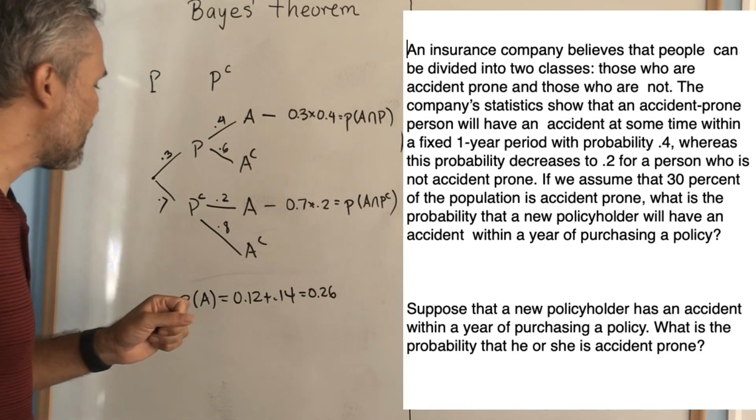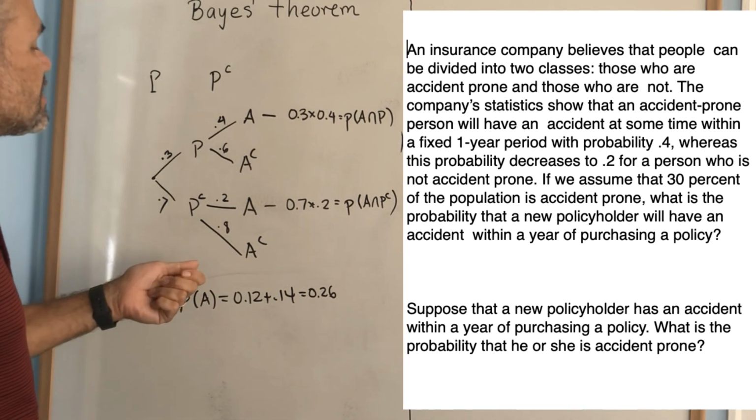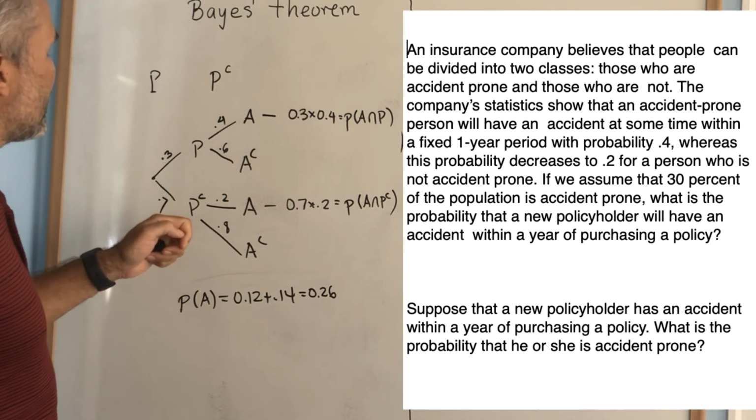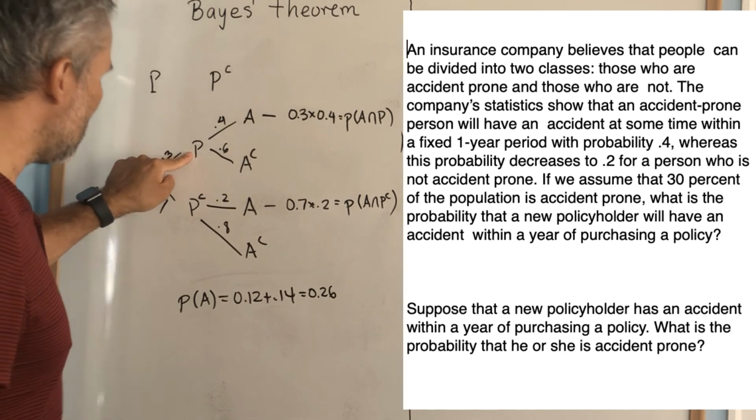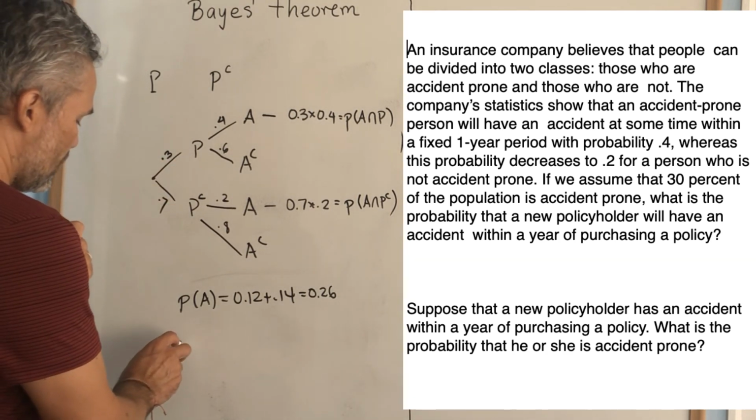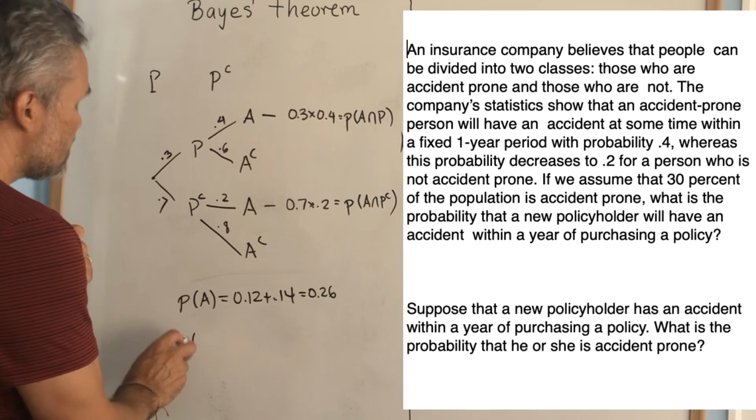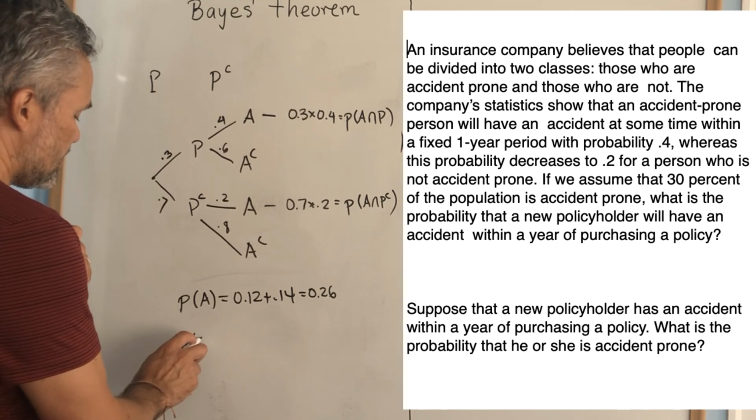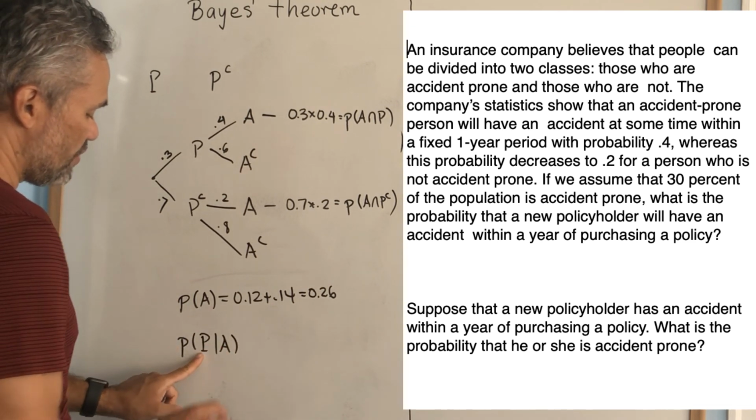What about the other question? What is the probability that if a person has an accident, they come from this group or from this group? That is a conditional probability: if we know that the person has an accident, what is the probability that they come from this group?